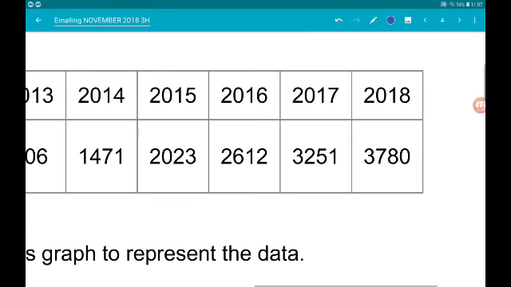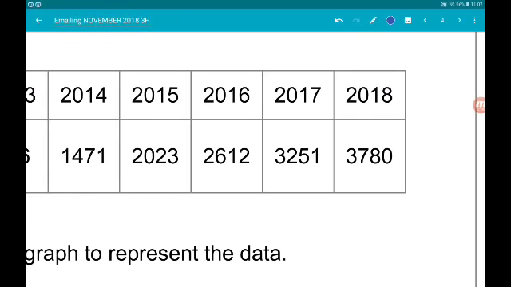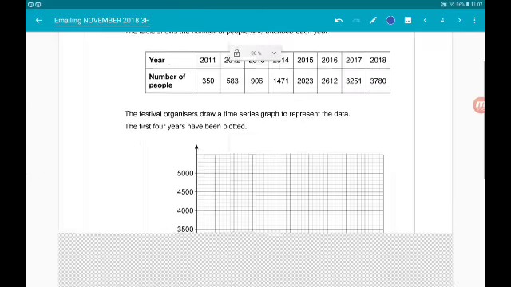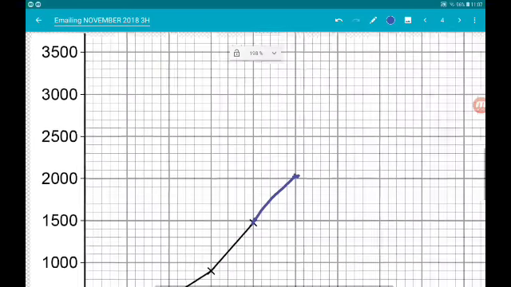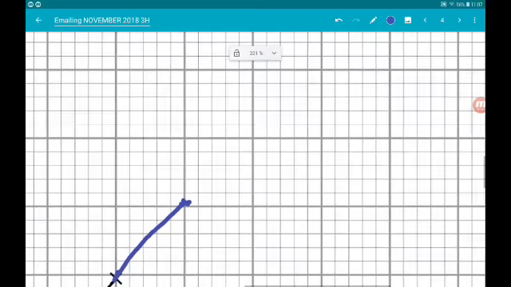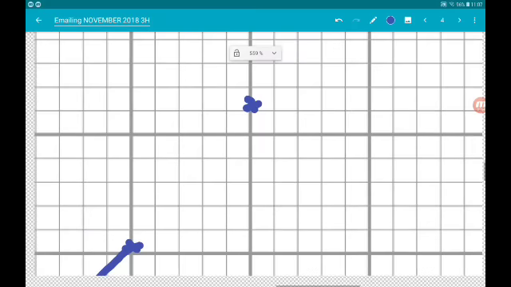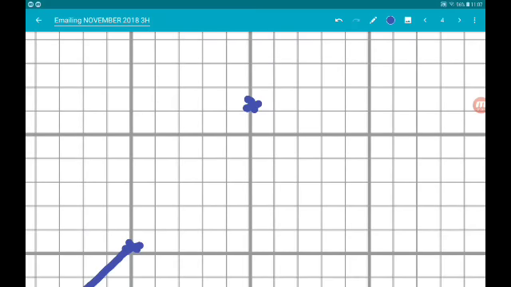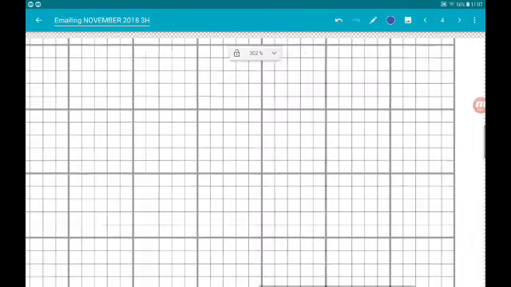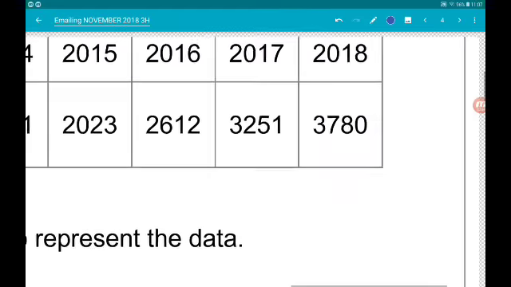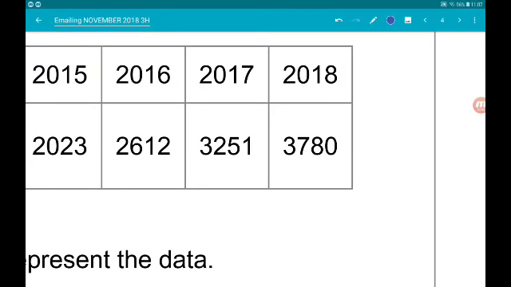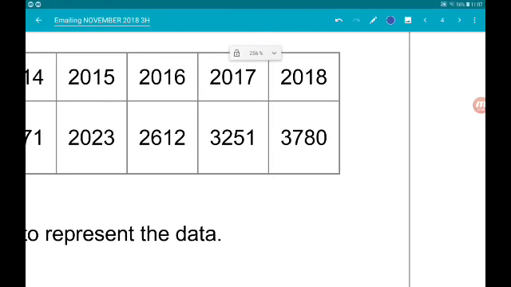Okay, next. 2016 we had 2,612. So that's going to be just above. And there, again, make sure you use a ruler. 2017 was 3,251.